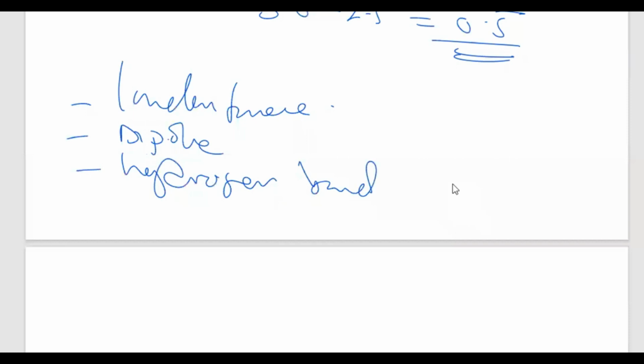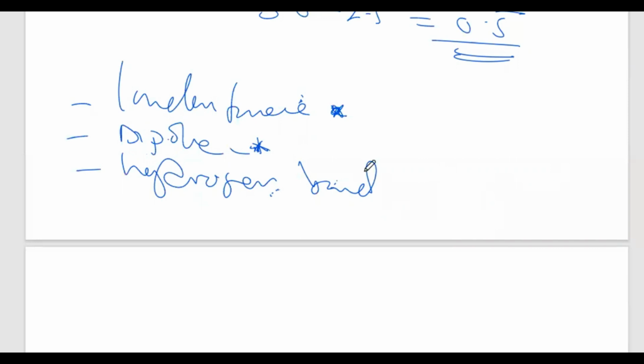Guys, London forces are weak. Dipole forces are stronger than London forces, but hydrogen bonds are stronger than dipole. You have to know that. So a compound which has a hydrogen bond will have a higher boiling point. It will have a higher melting point. You have to know that.